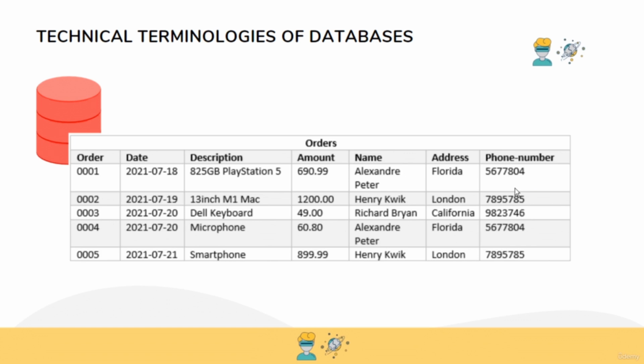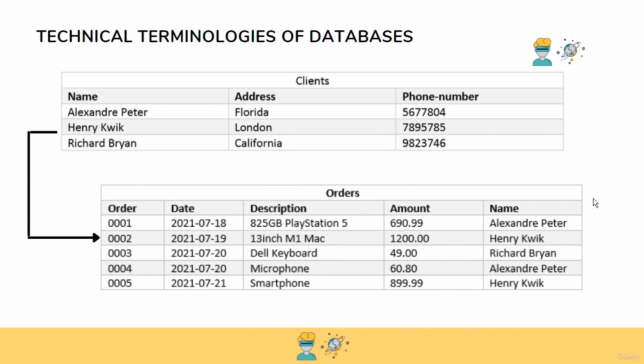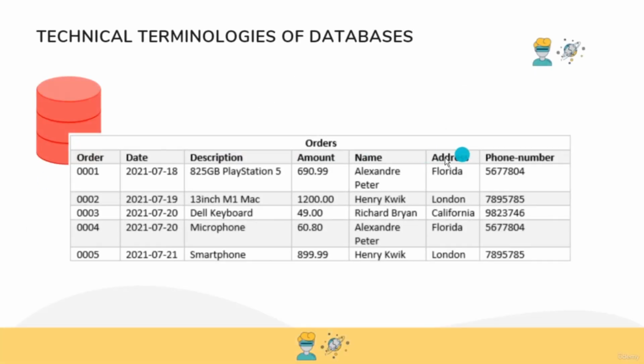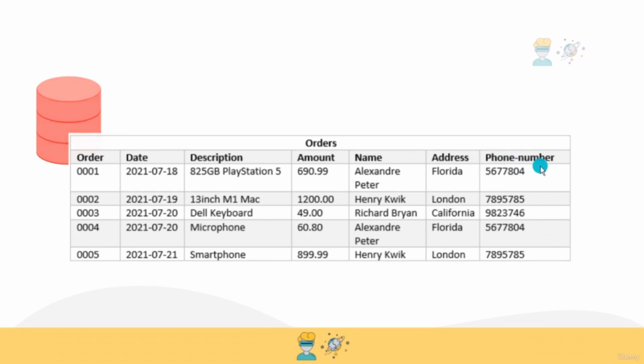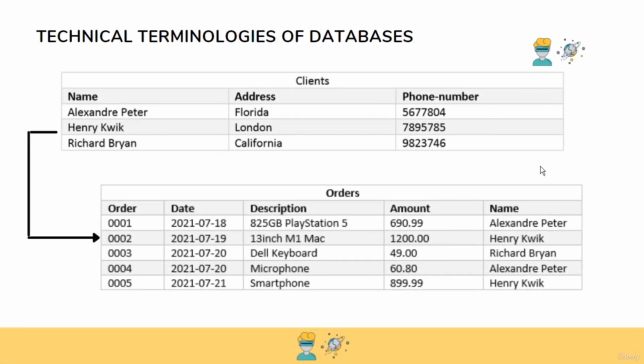This table can be split into 2 tables. Let's see. I can just have the table of the clients and the orders. Look at this. From the name, address, and the phone number, I can have the clients table because this info is related only to the client, and then I can have the orders table.